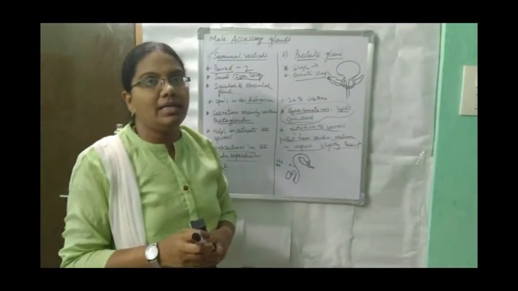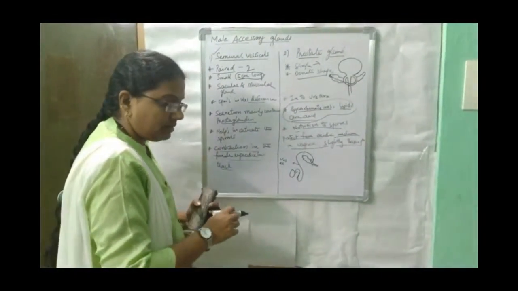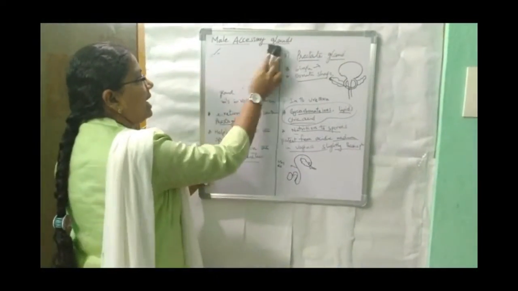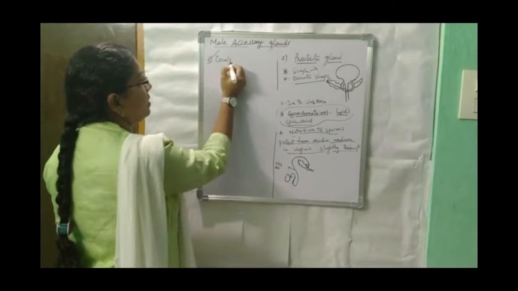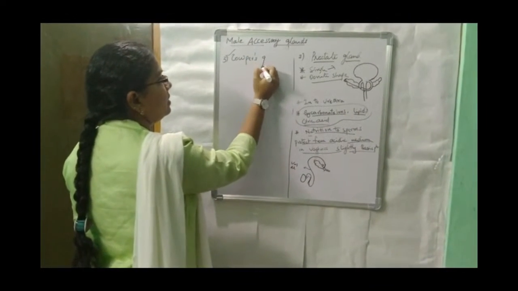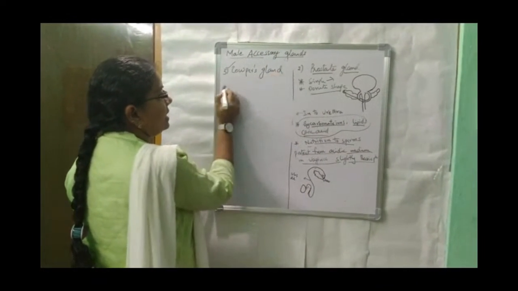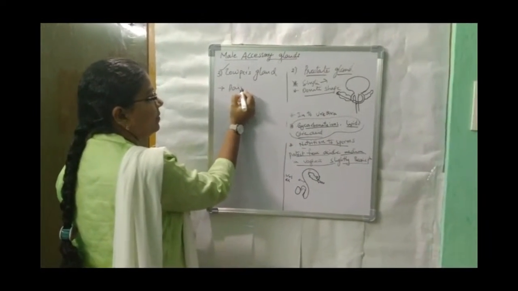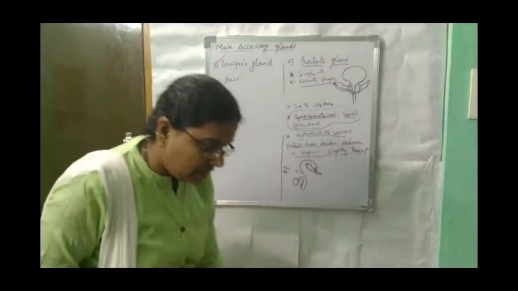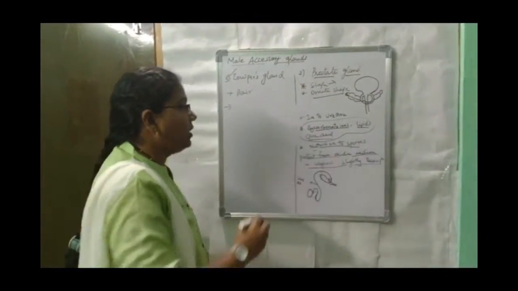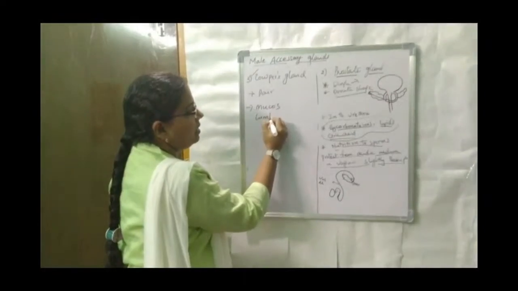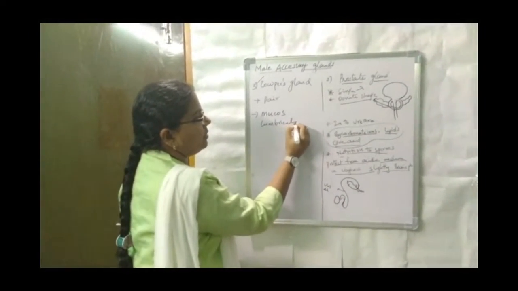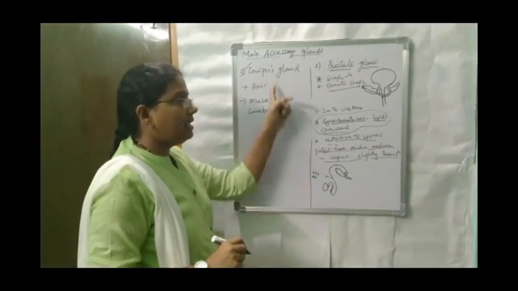There is another important gland. The gland is Cowper's gland. This is the third gland, Cowper's gland. These glands are pale. What is the use of this gland? To produce mucus for lubrication purposes.